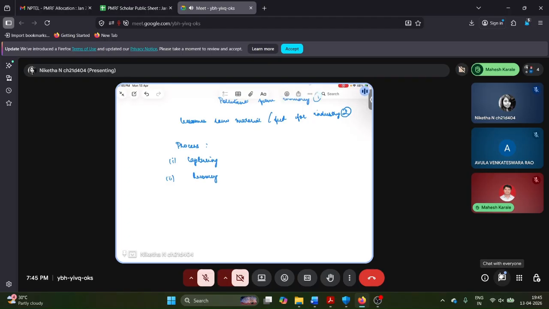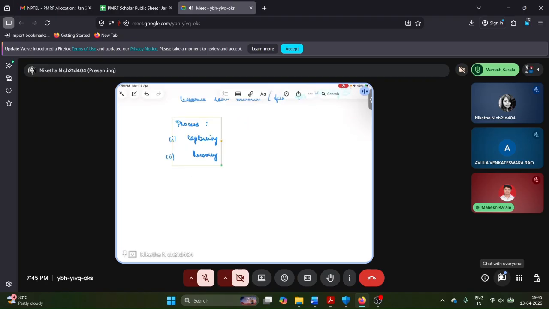So recovery means extracting any valuable substance and diverting them as primary inputs. So that comes under recovery. The third one is reuse. So reuse means actively using the wastes into new products. So this creates a sustainable environment.